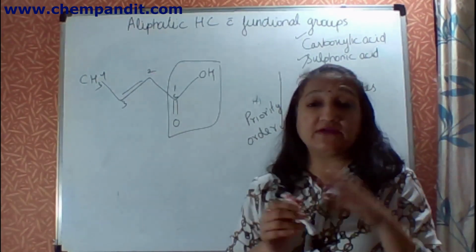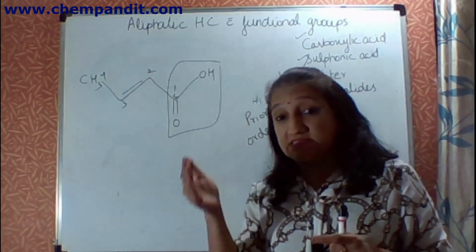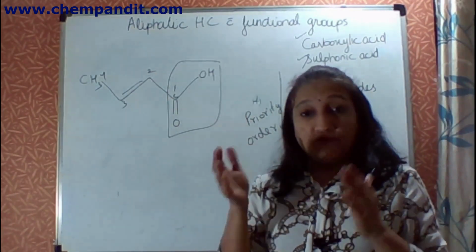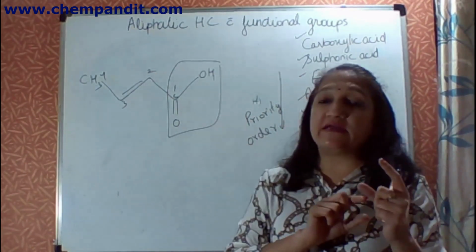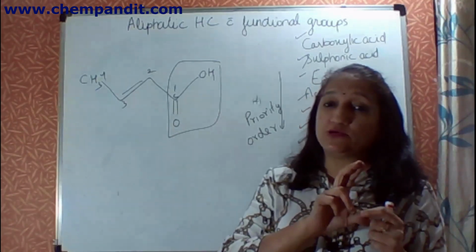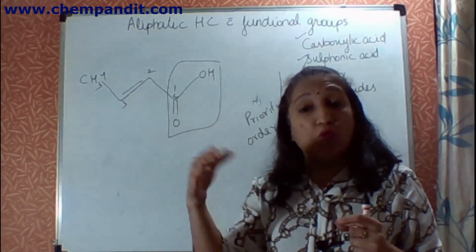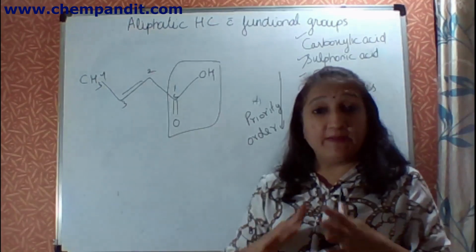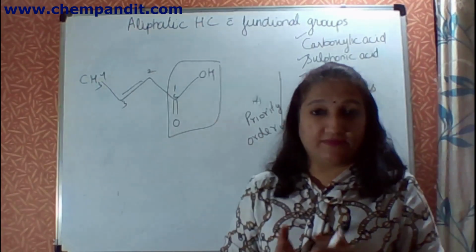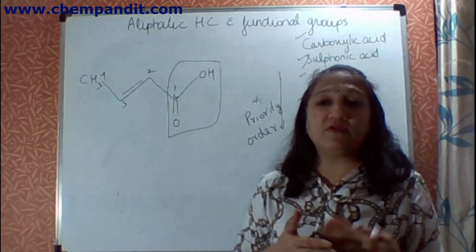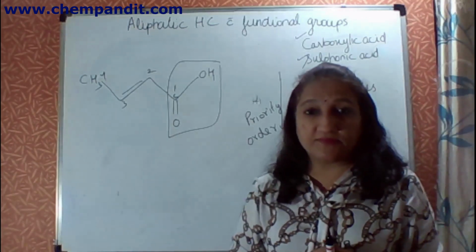So the primary functional group decides the secondary suffix. For example, if carboxylic acid is taken as the primary functional group, the suffix will be oic acid. It will be taken as an acid. Clear? And the other groups will become substituents.